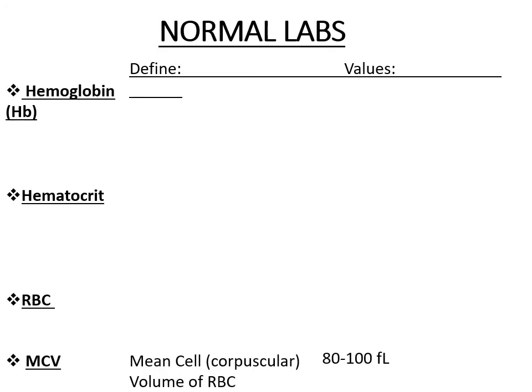Okay, so let's look at some normal laboratory values that we would expect in the blood. Hemoglobin, remember, carries the oxygen in the red blood cells. Each hemoglobin, by the way, is made up of 4 globin subunits, and each globin has a heme group.